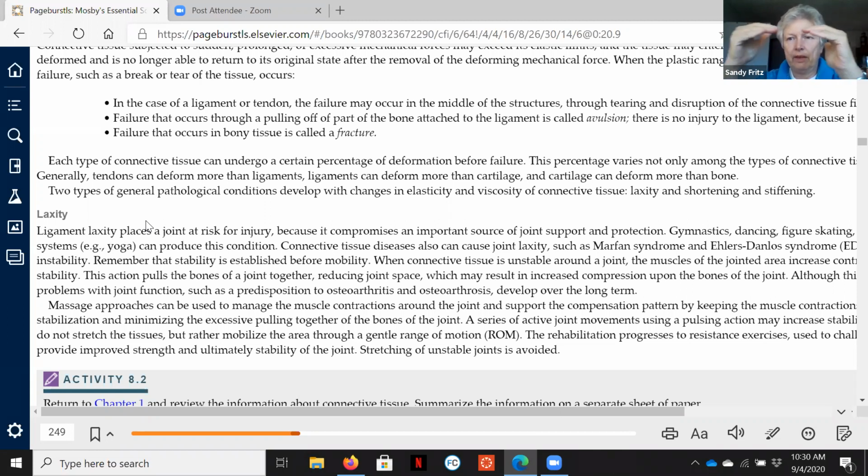So while they can elongate and then come back because of the elastin, over time, if that continues, you get a lengthening of those tissues and less ability to come back, and then the joint is sloppy.